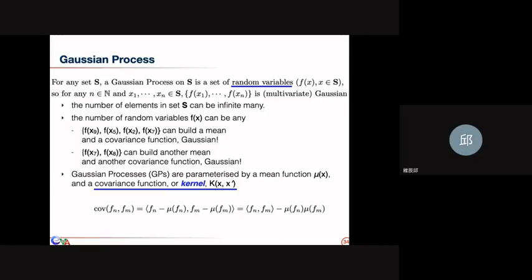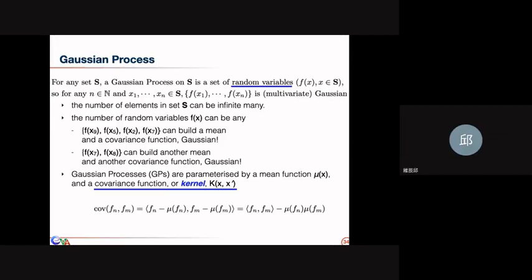Right here you define a Gaussian. Here you also define a Gaussian, right? So any arbitrary combination of random variables will become a Gaussian.